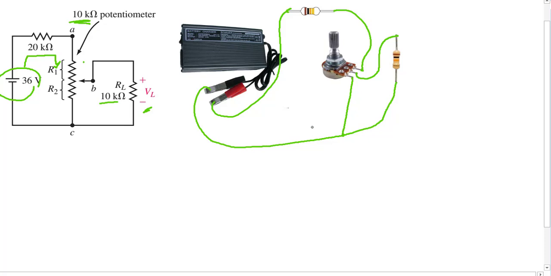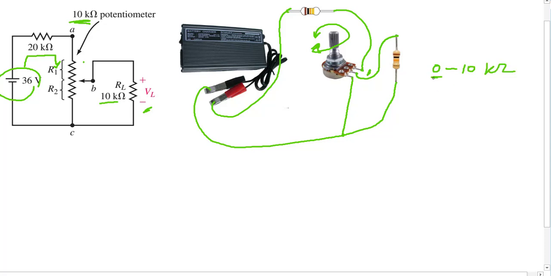Now what happens here, as we change this handle, we rotate it back and forth. We change this resistance here between this terminal and the middle point, and that goes from 0 to 10 kilo ohms.